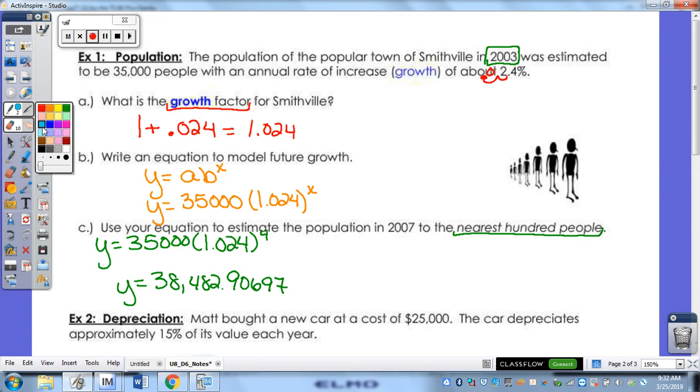They want the nearest 100. So that 4 is currently in our hundreds place, so that's where we want to round to. So the 8 means the 4 is going to turn into a what? A 5. So it'll be 38,500 people in 2007.